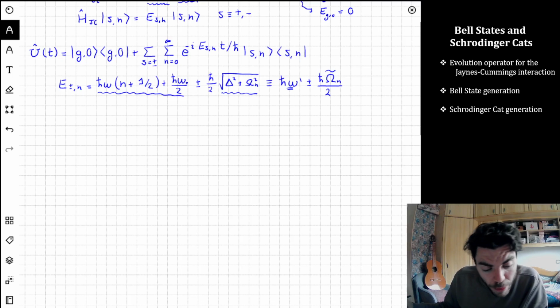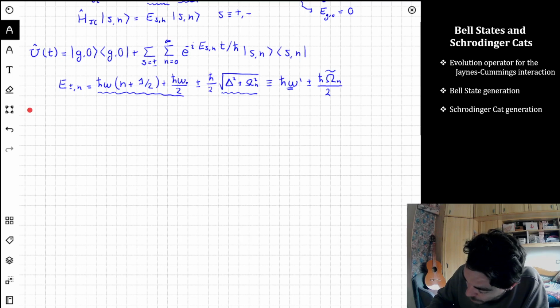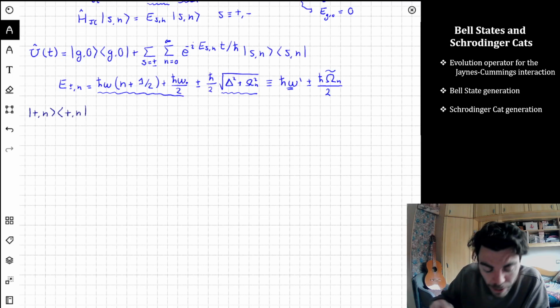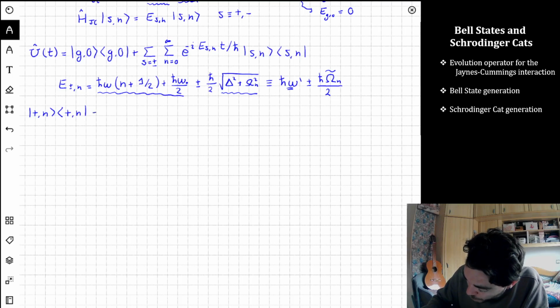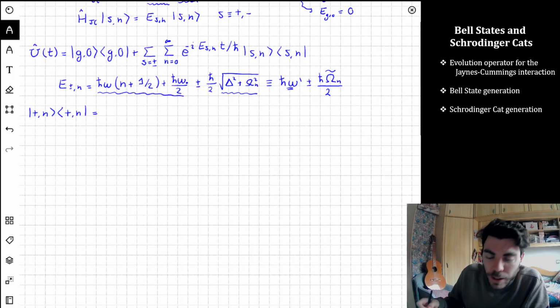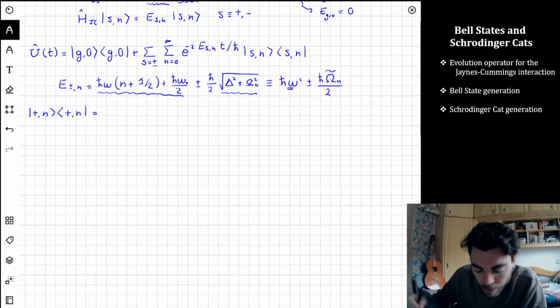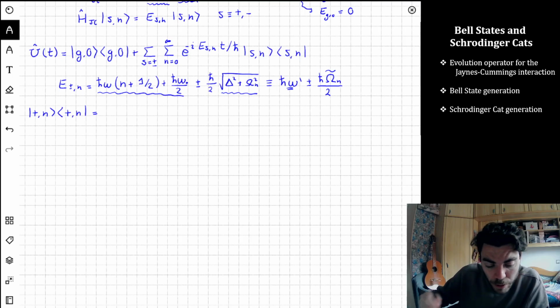Alright, then we also know the expressions of the projectors, for example plus minus n. So plus n, for example, we can literally write in terms of the eigenbases of the Hamiltonian that is unperturbed.